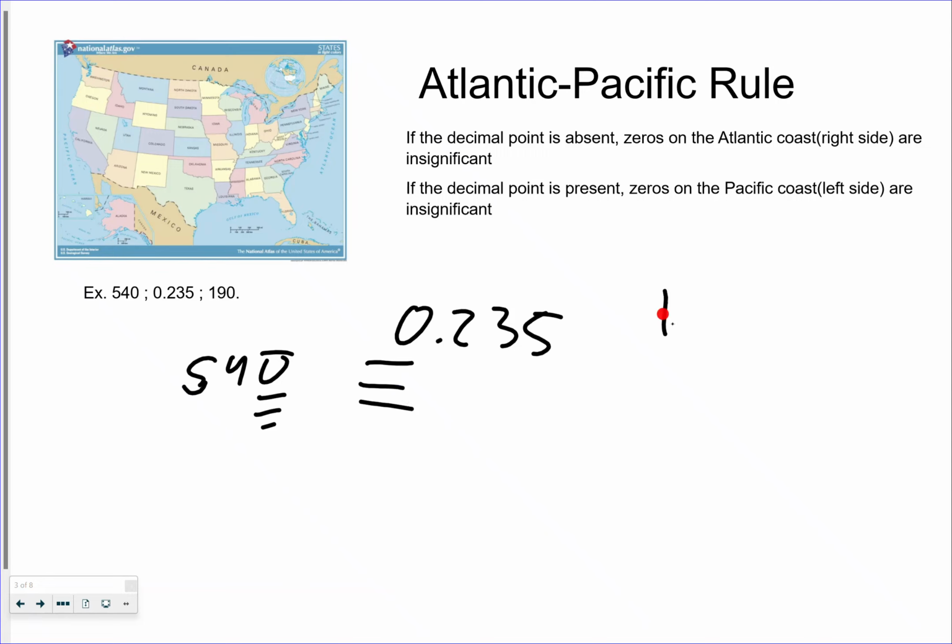And for our last number here, we have 190 point, and we're going to be referring to the Atlantic rule here again. If the decimal point is absent, zeros on the Atlantic side, which is the right side, are going to be insignificant. But since we have a decimal point right here, that means that this 0 is going to be significant.